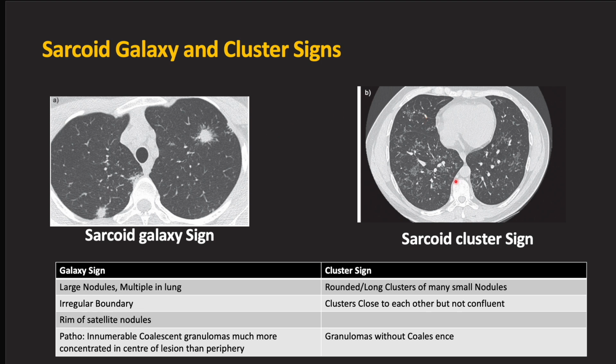So these two signs have been reported. Initially some reports mentioned them as specific of sarcoidosis, but they are not specific. You can see them in other granulomatous diseases. Sometimes TB may also look like this, silicosis, cryptococcosis, but it is a good sign to see on the CT scan, and it may lead you towards sarcoid diagnosis.